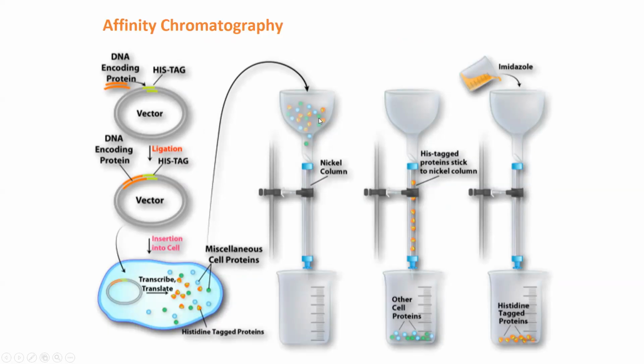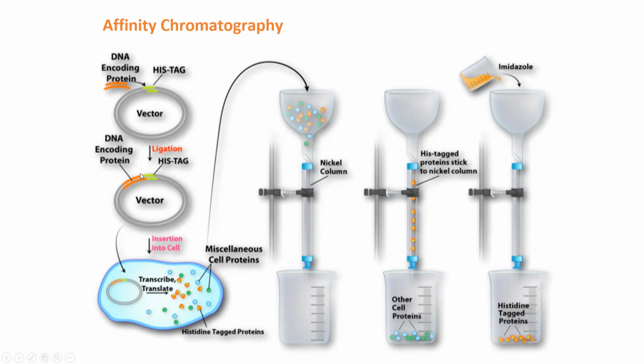This is affinity chromatography. And that is, like I said, when we use a medium that is like a nucleotide sequence or a nucleic acid, and that will bind the opposite complementary sequence. That is now based on the affinity.